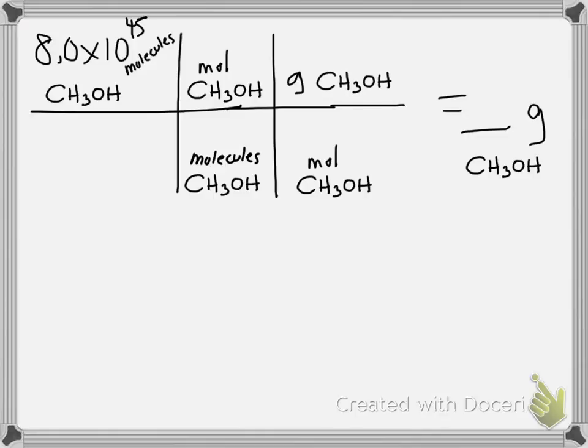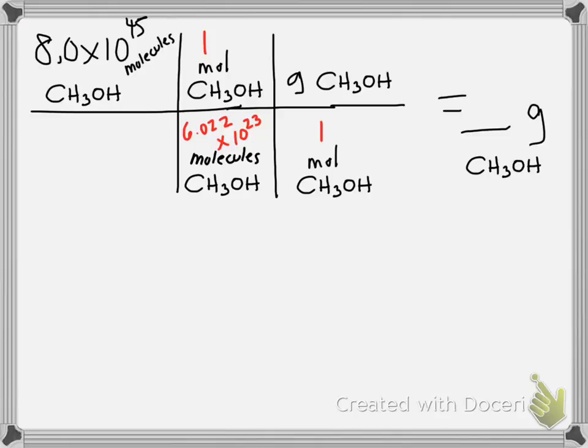Okay, so the relationship in that middle, what number always goes before moles unless it's your given? 1. What number goes in front of molecules or atoms unless it's your given? 6.022 times 10 to the 23rd. And again, what number goes in front of moles? 1.